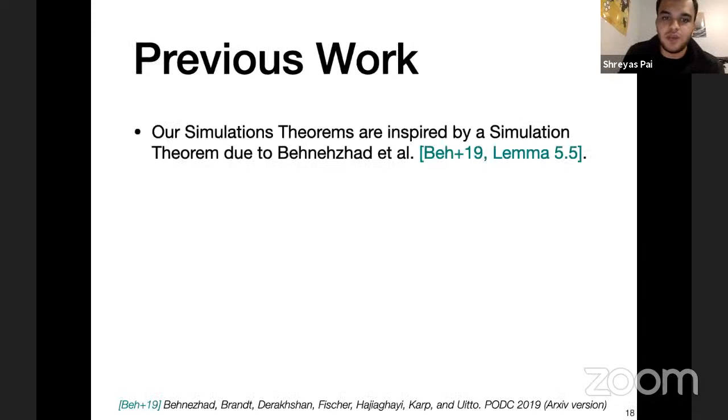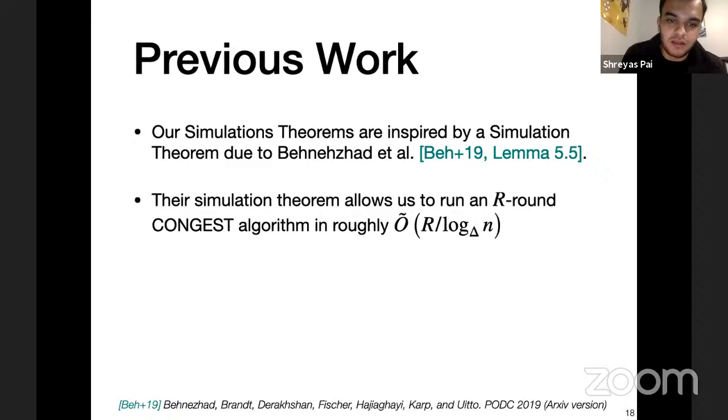Our simulation theorems are in fact inspired by a previous work due to Ben-Eliezer et al., which appeared in PODC 2019. There they show a simulation theorem that runs an R round CONGEST algorithm in roughly R over log n base delta rounds.